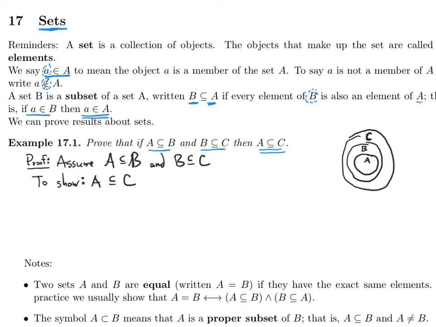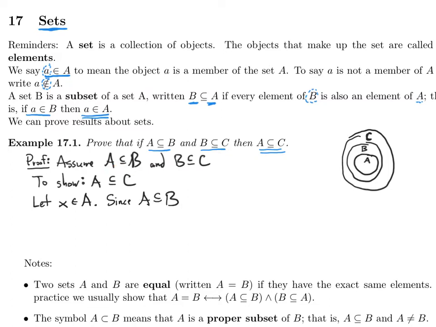So we'll take an element in A. We'll call it x. Let x be some element of A. And we need to show that it's also in C. So, since A is a subset of B, remember, what's the definition of a subset?